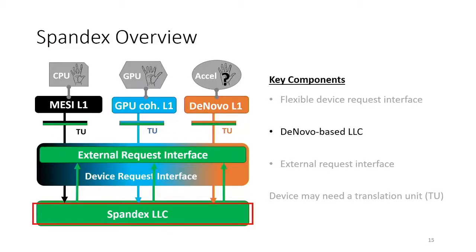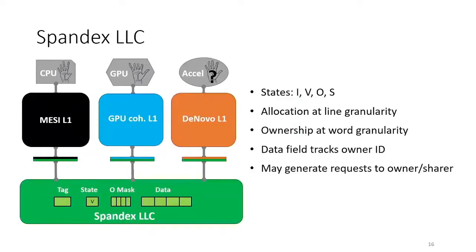Next, we have the DeNovo-based LLC. So let's talk about that. This one supports the DeNovo states of invalid, owned, and valid. In addition, it also supports the shared state to deal with MESI-style systems where you want shared copies of loads.